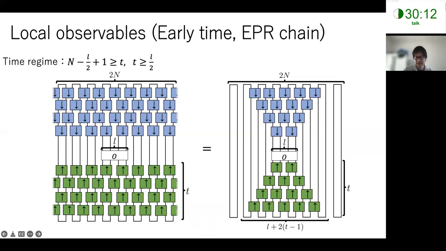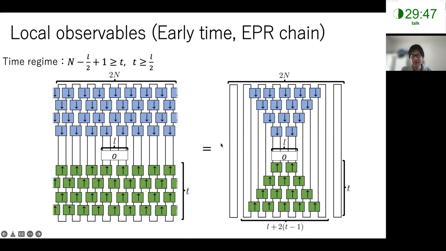And the problem is translated to the following problem, that is to calculate local expectation value written in this tensor network. And first we want to focus on early time, that is, time is less than the system size n.